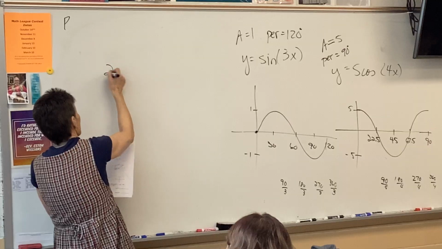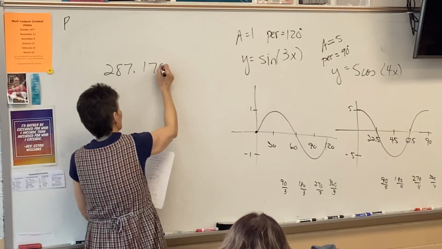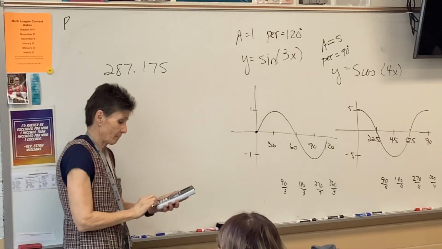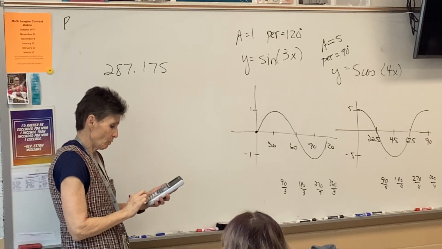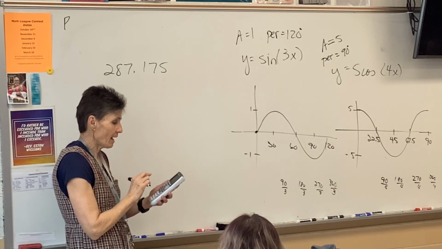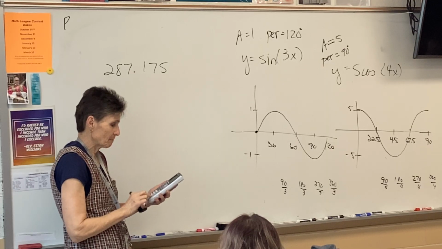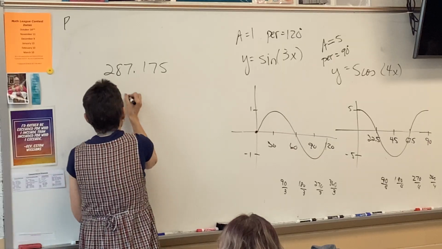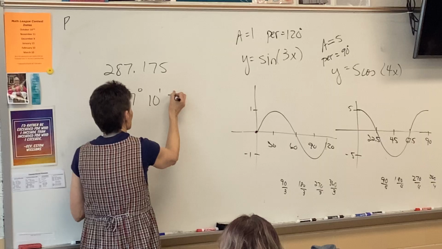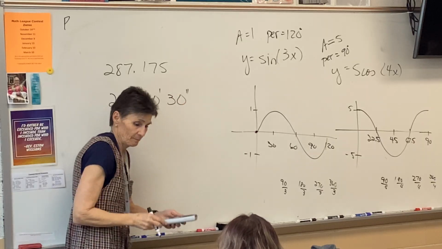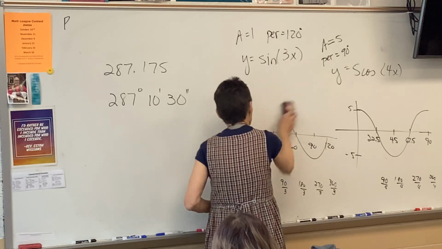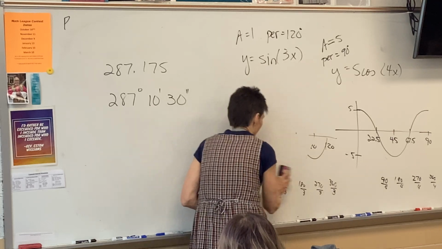So 287.175. The calculator, 287.175. Second apps DMS. 287 degrees, 10 minutes, 30 seconds. No partial credit. We are right or we are wrong.